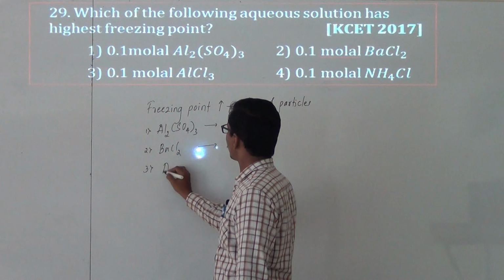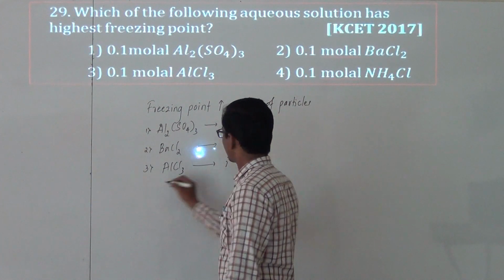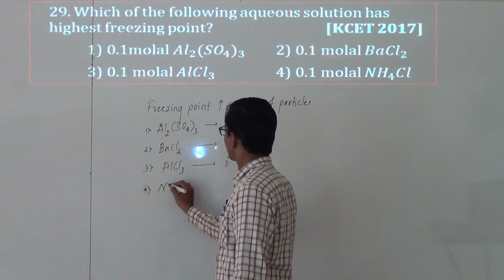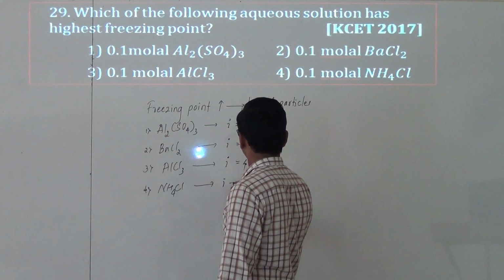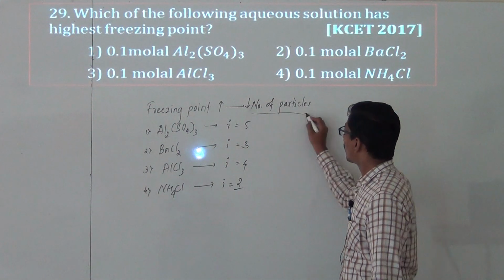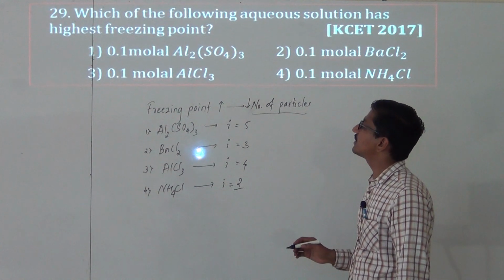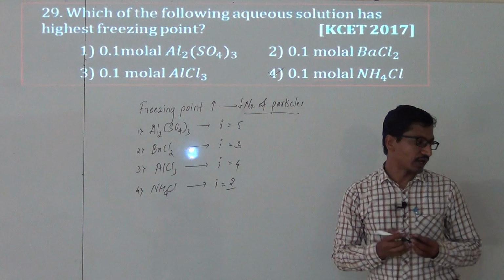Third one is AlCl3, i is equal to 4. Fourth one is NH4Cl, i is equal to 2. The lowest number of particles of solute exhibits the highest freezing point, and option 4 is the correct one.